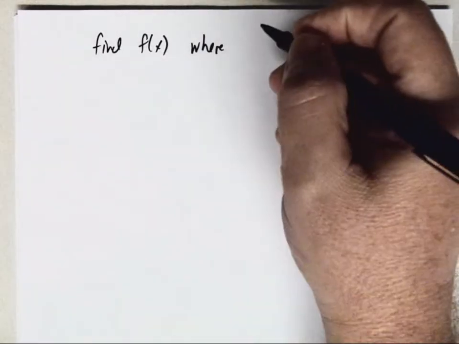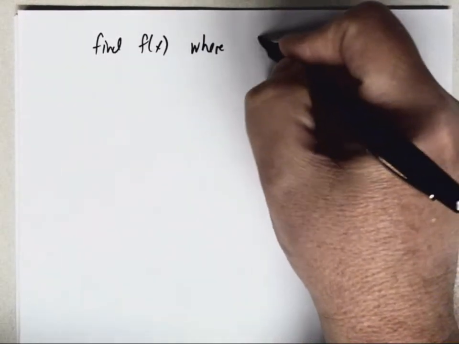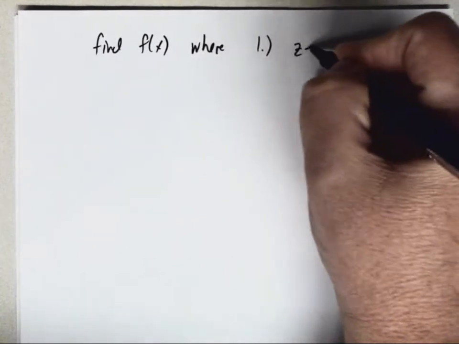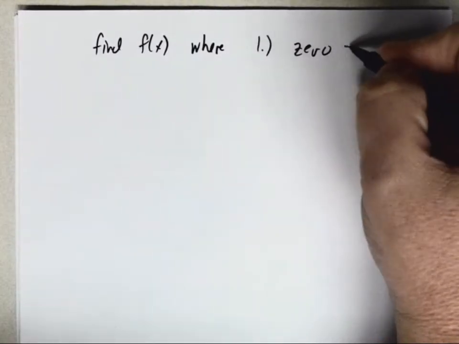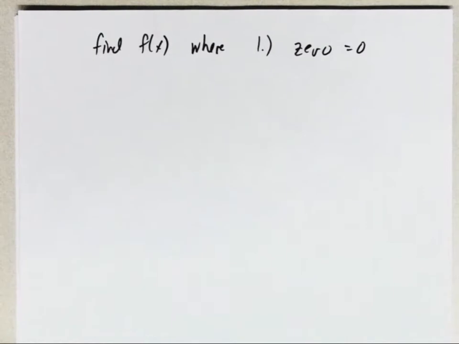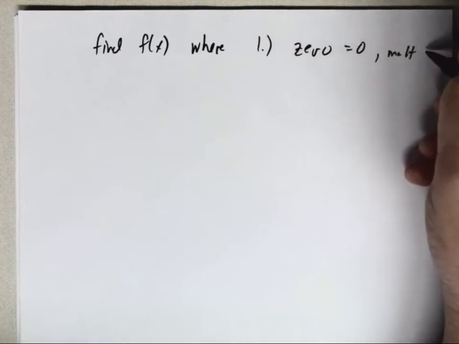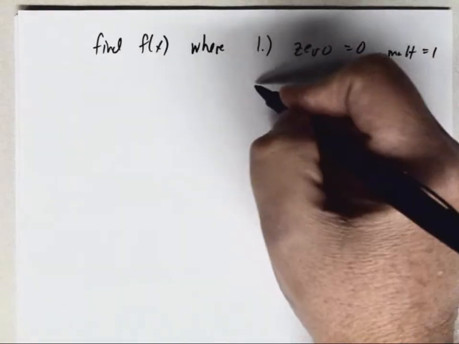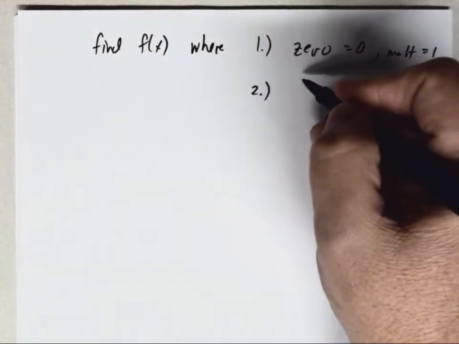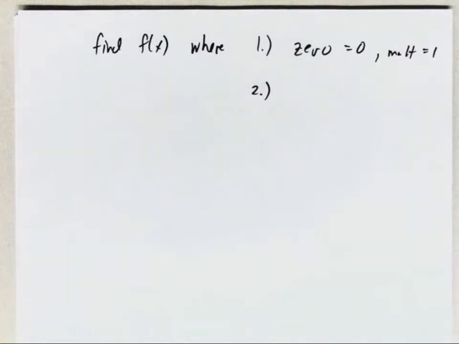So you have a zero. First one is 0 equal to 0, the number 0. And for this one, you have a multiplicity of 1. But we have some other zeros. Remember, zeros are values of x that would cause a function or an equation to equal 0.